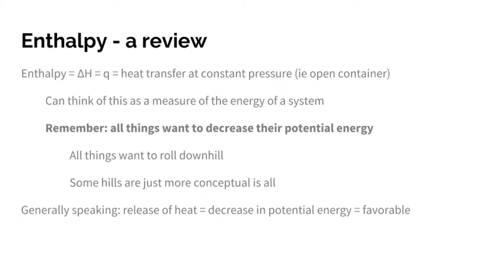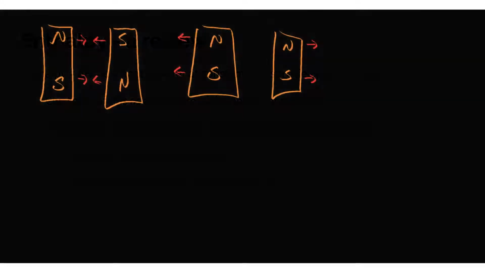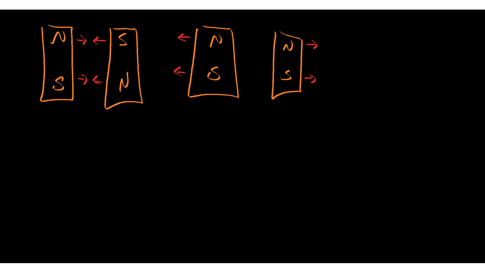It's the measure of the energy, or the change in the energy, I should say, of a system. And remember, everything wants to decrease its potential energy, no matter what kind of potential energy we're talking about. Whether that's, say, magnetic potential energy. When two magnets pull closer together or push each other apart, they are minimizing their magnetic potential energy. Similarly, two charged particles, when they attract or repel one another, are minimizing their potential energy.